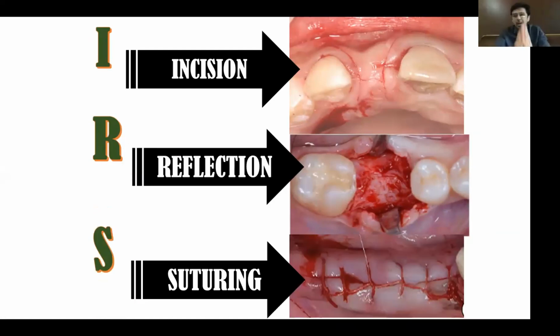So unless and until, as a practicing dental surgeon, we are comfortable doing IRS, do not touch implants. This is my basic take home message to all of you. Kindly be comfortable with regard to IRS as such, okay?